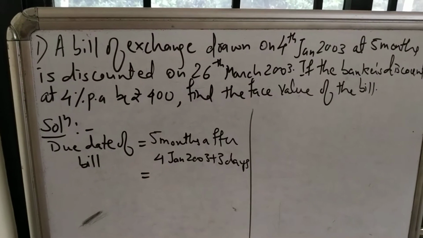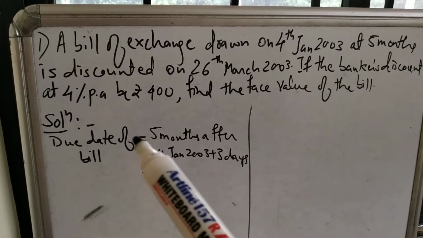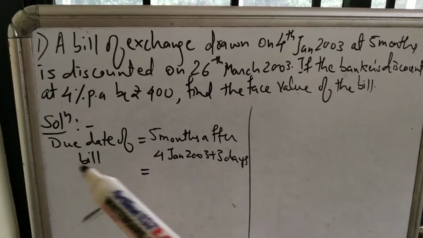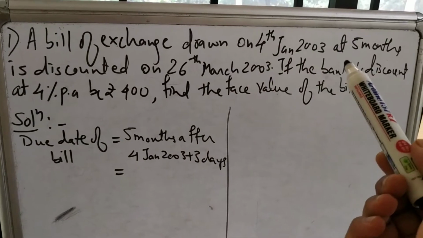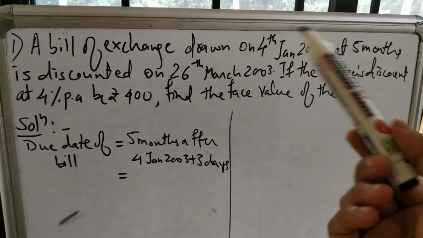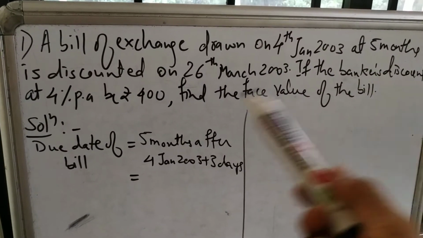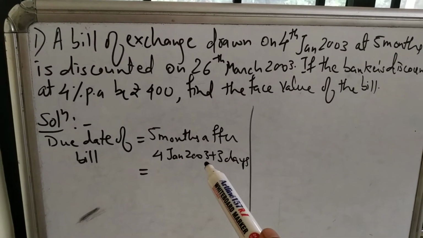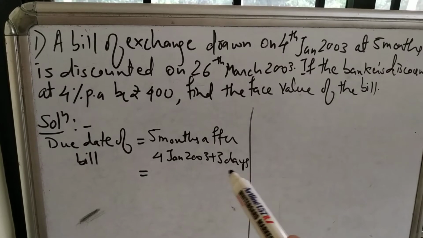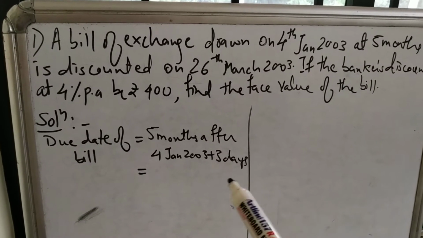So let us first calculate the due date of the bill. The due date of the bill is nothing but 5 months after the bill is drawn, that is 5 months after 4th January 2003 plus 3 days of grace. This we have to add.